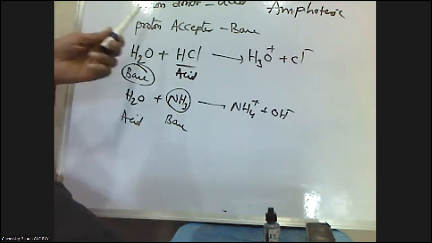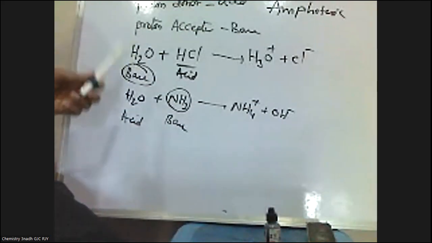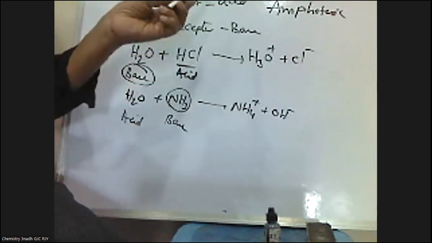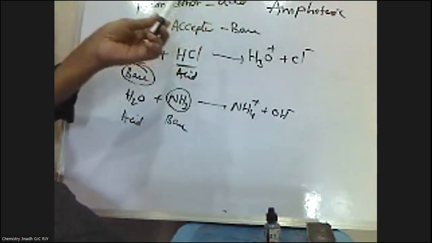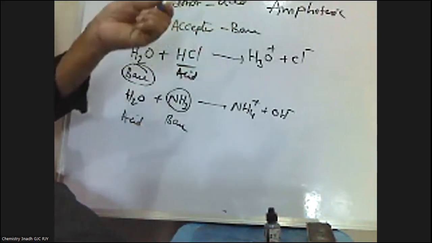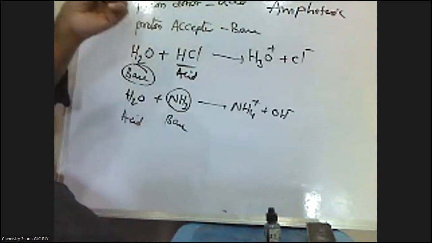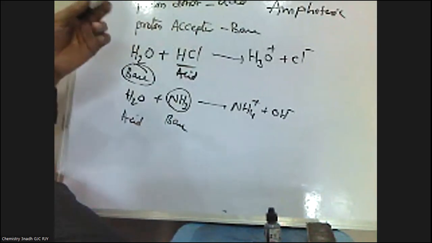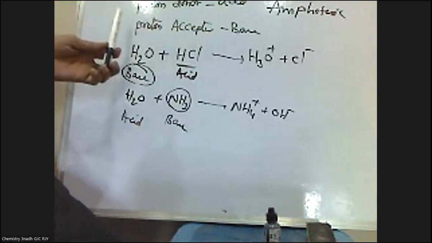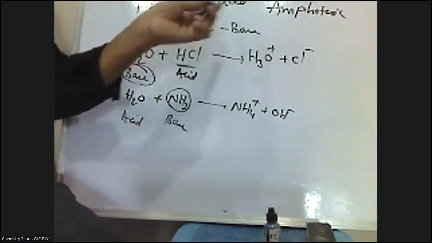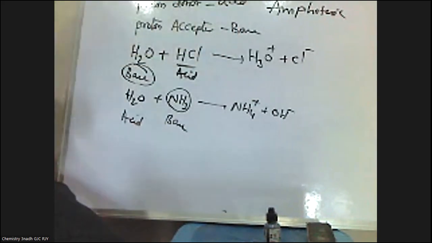That's why based on these two reactions, we can say that water has amphoteric nature. It is behaving like an acid as well as a base. Moreover, it is behaving like either a weak acid or a weak base.